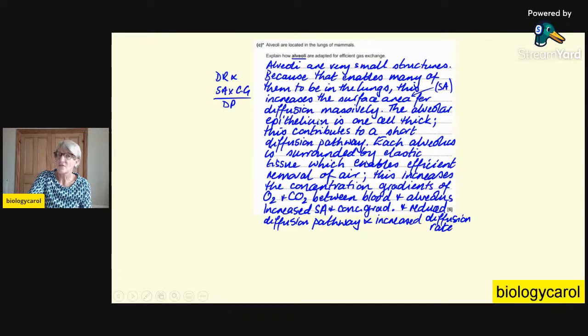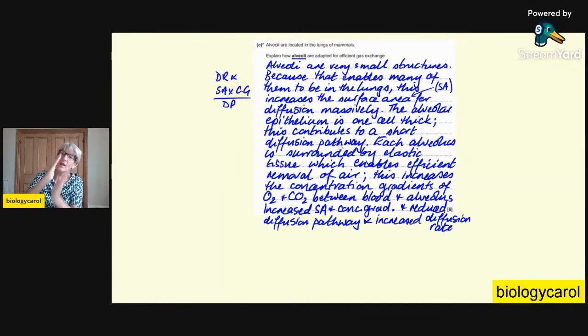So I've just said it increases the surface area, which increases diffusion. The alveolar epithelium is 1 cell thick. This contributes to a small diffusion pathway. I've said contributes because I'm being accurate, because of course you've got the alveolus epithelium and the capillary endothelium that the oxygen molecules and the carbon dioxide molecules need to diffuse through.